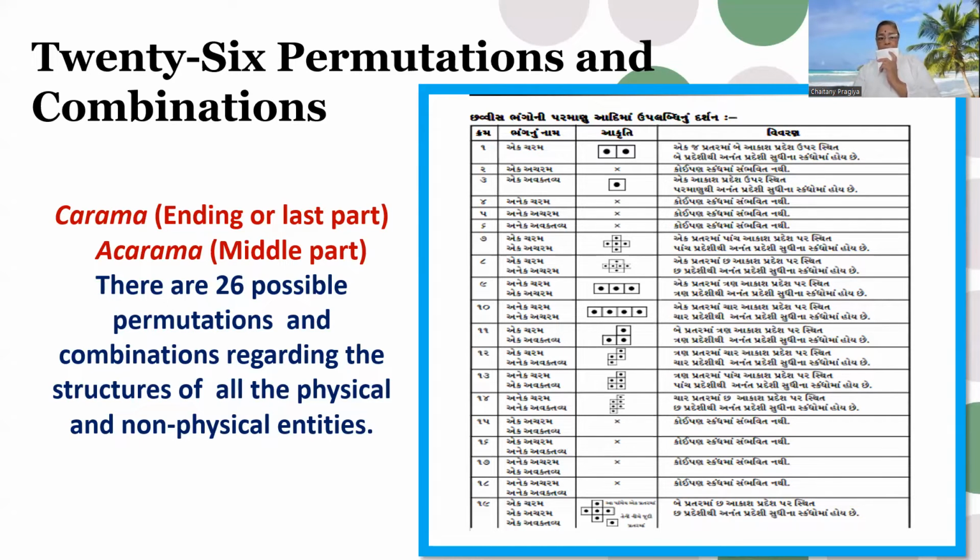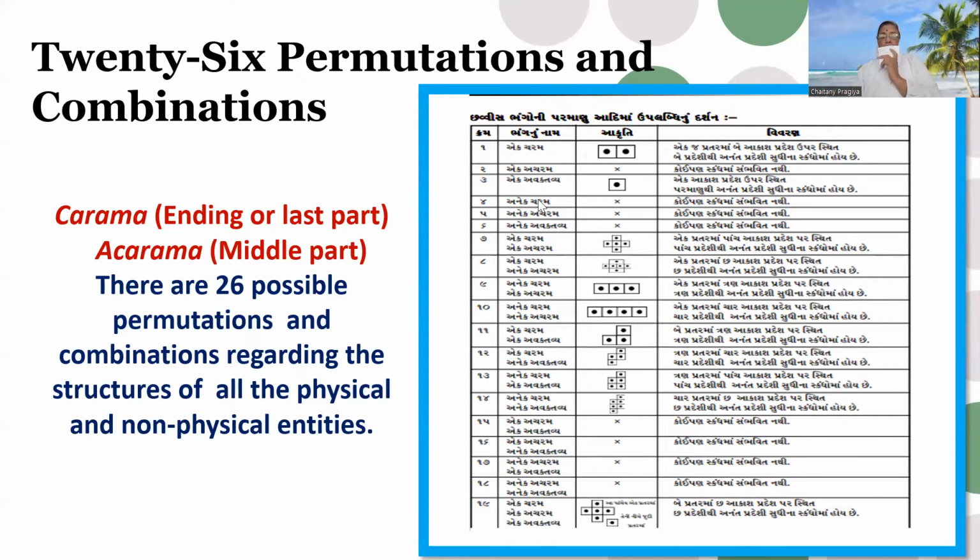We cannot say that they are having endings of each other. Here, if they are located in 2 space points, then you can easily indicate that this is the ending for this atom and this is the ending for this atom.